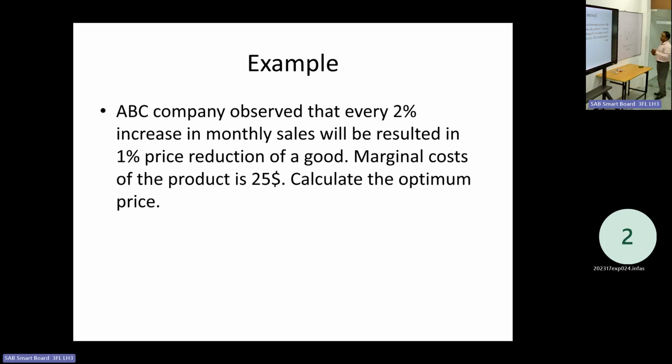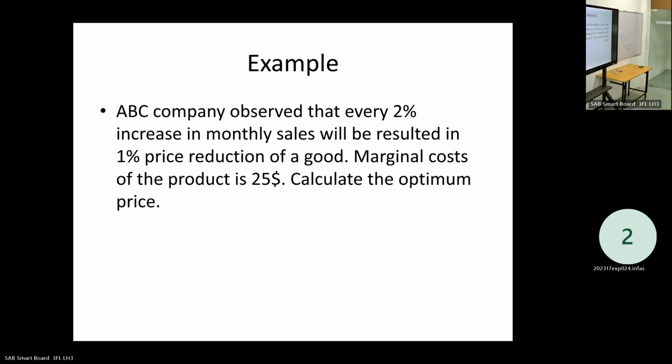So we can substitute into the equation. Marginal cost is 25 divided by 1 minus 1 over 2. That is $50, so the optimum price is $50.